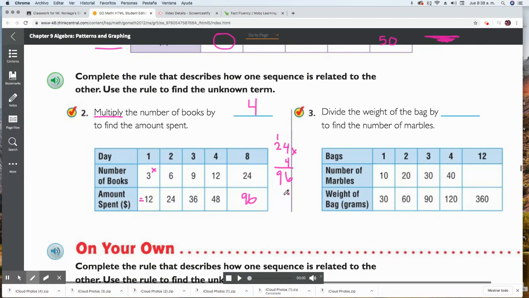Same thing for number 3. What's the rule? Divide. Now, it's not multiplication, it's division. Divide the weight of the bag by blank to find the number of marbles.